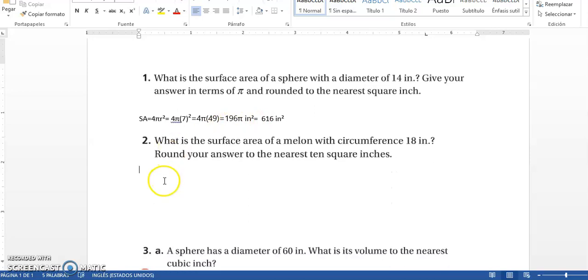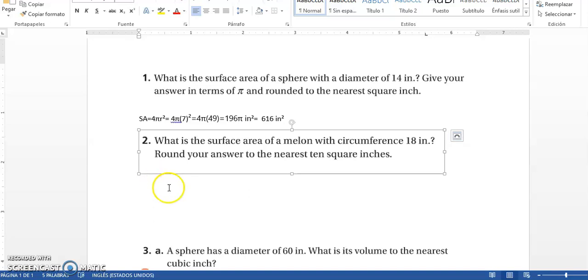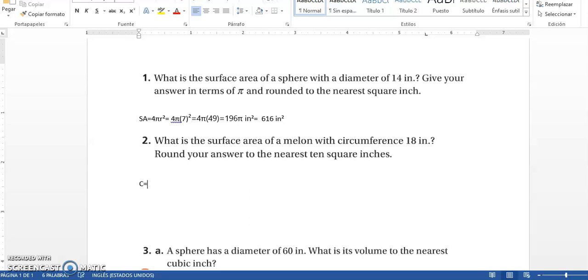Now the second exercise uses the same formula. It says: what is the surface area of a melon with a circumference of 18 inches? Here we have a situation. We don't have the radius, but we have the circumference. The formula of the circumference is 2 times pi times the radius.